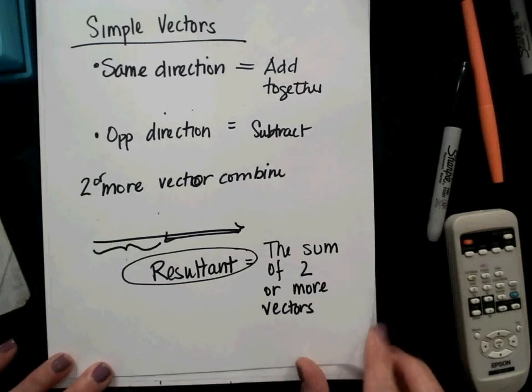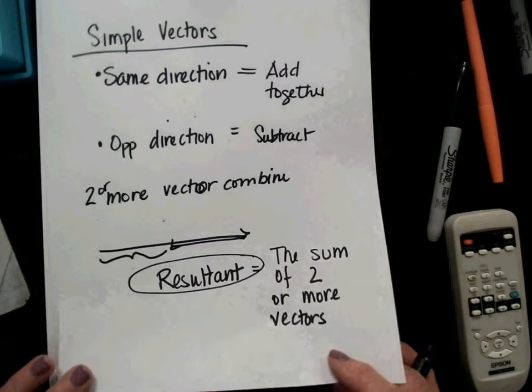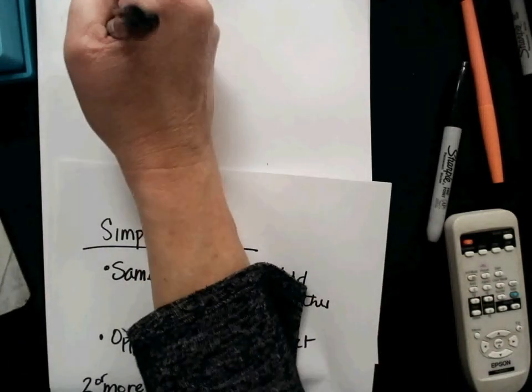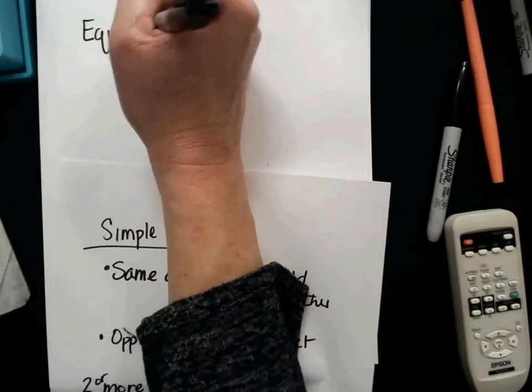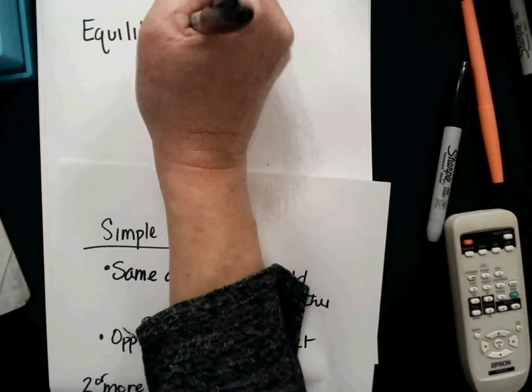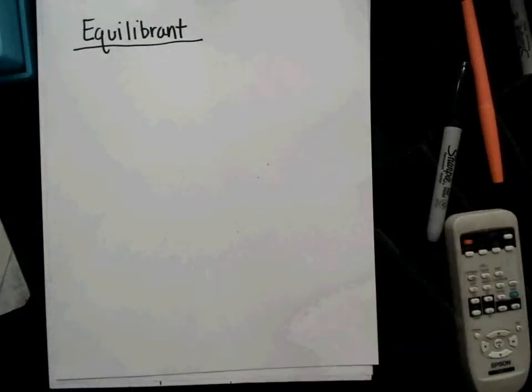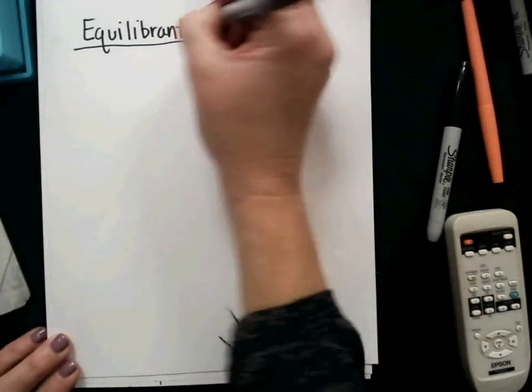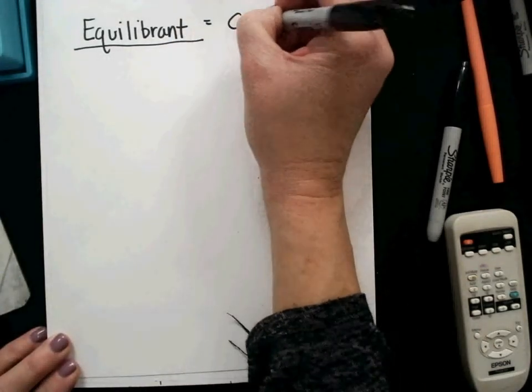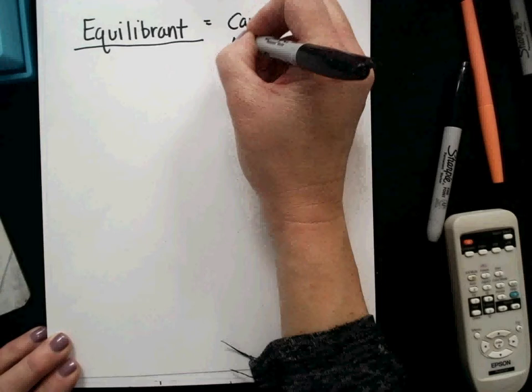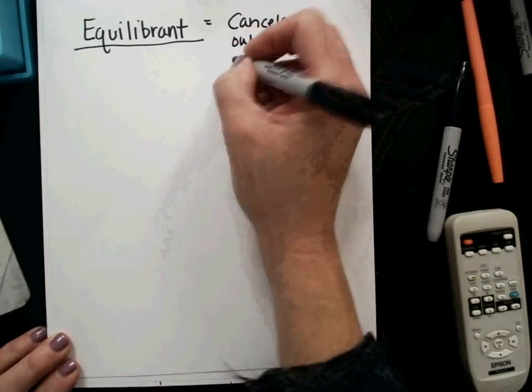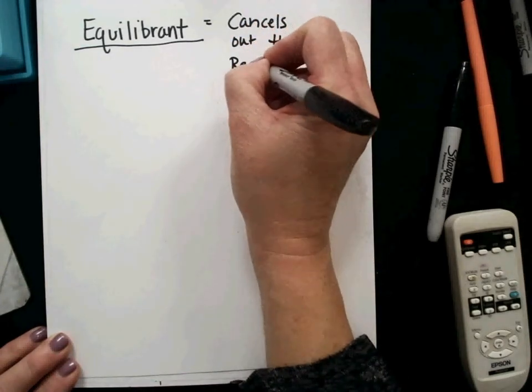A new word that we'll use this time is the equilibrant. The equilibrant cancels out the resultant.